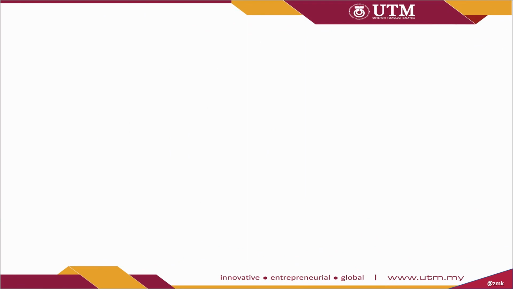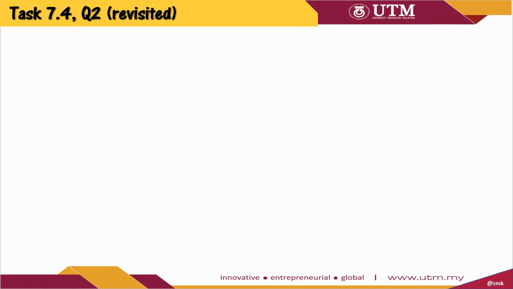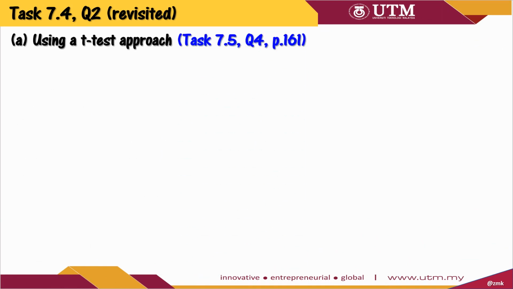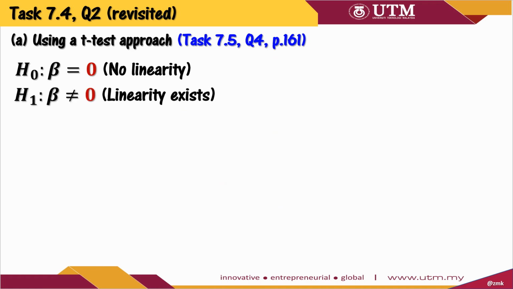For sample data from task 7.4 question 2 again, by using a t-test approach, under the null hypothesis H0, beta is equal to 0, which is indicating that there is no linearity between y and x, whereas under H1, beta is not equal to 0, indicating that the linearity exists between y and x.